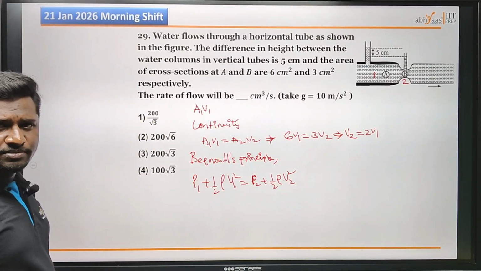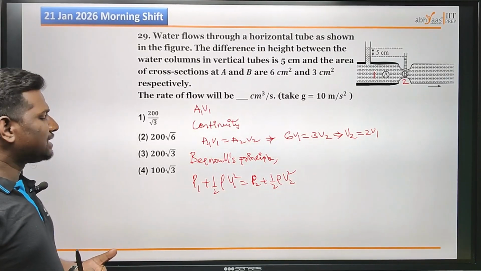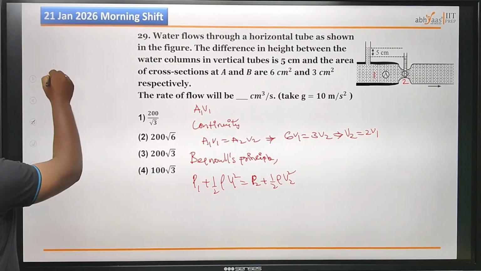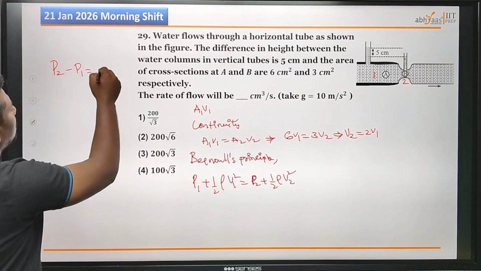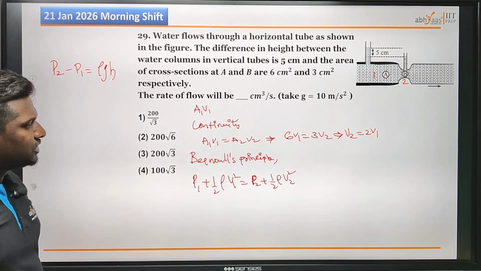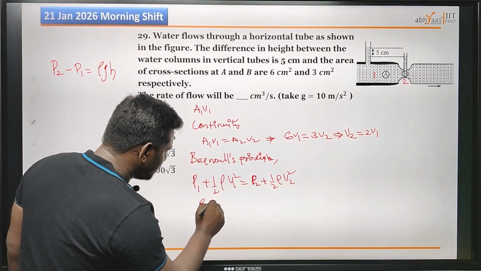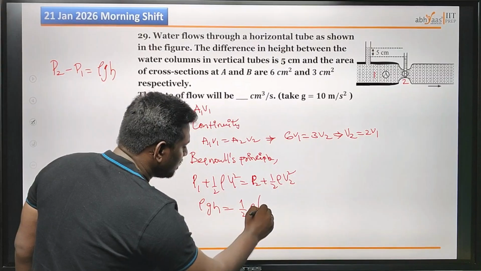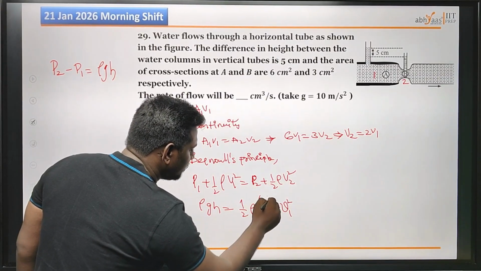We know that the pressure difference, P2 minus P1, can be written as rho GH. So I am writing here rho GH equal to half rho into V2 square minus V1 square.